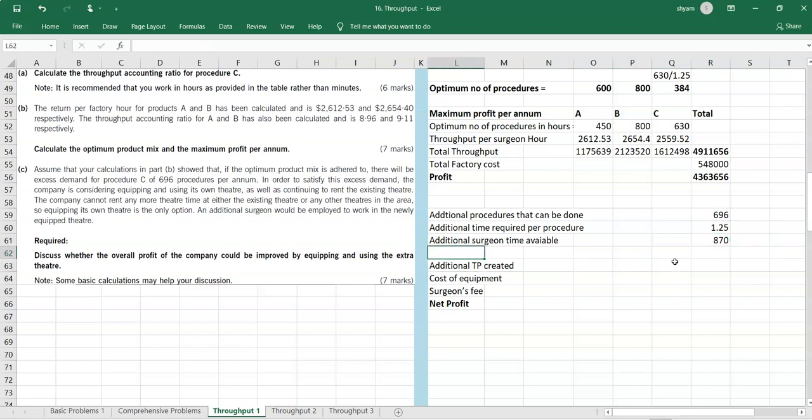So what is the throughput per surgeon hour for C? We need to get that.